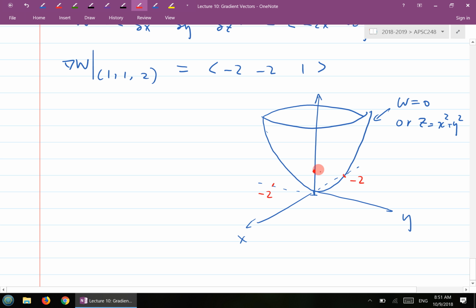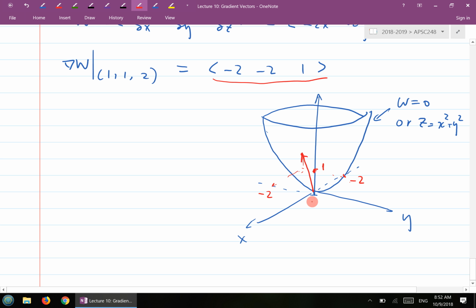And let's say this is 1 here. It's a little tricky. So you have a vector pointing inwards, right, into that corner, -2, -2, 1. That's the actual vector.